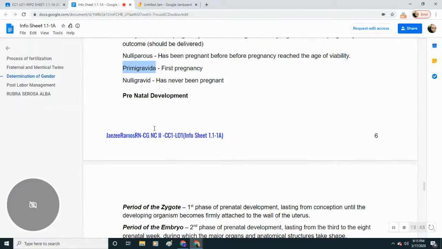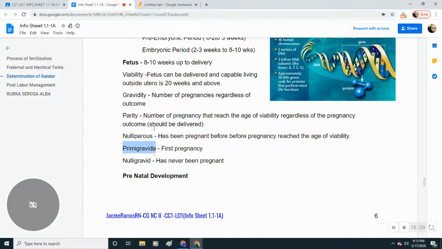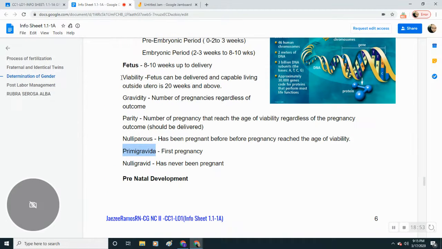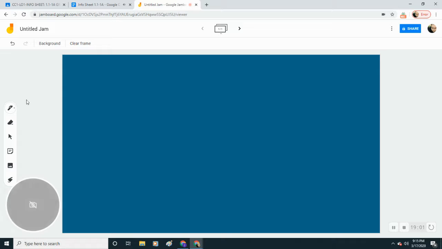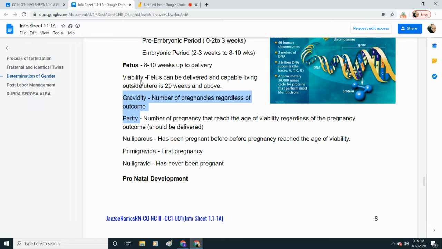So for prenatal development, for example, ito kasi, when we say gravity G1P1, so G is gravidity and P is what we call parity. Okay.